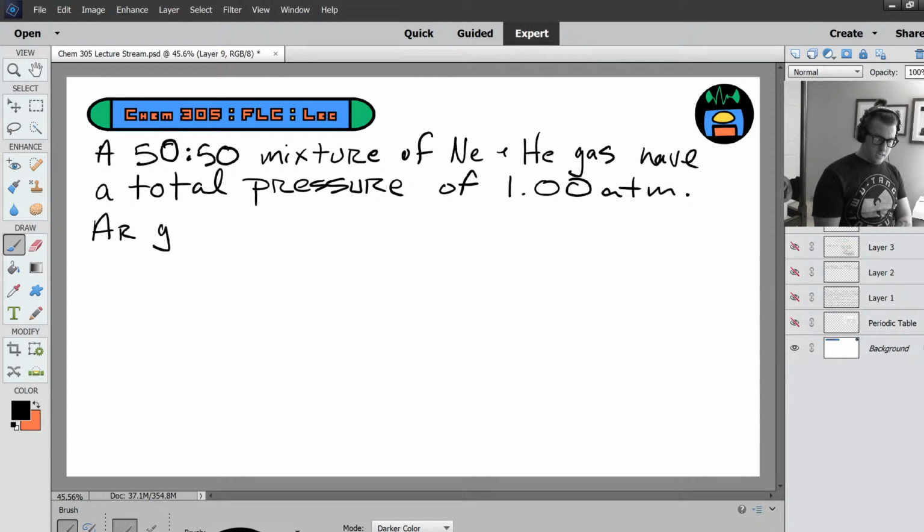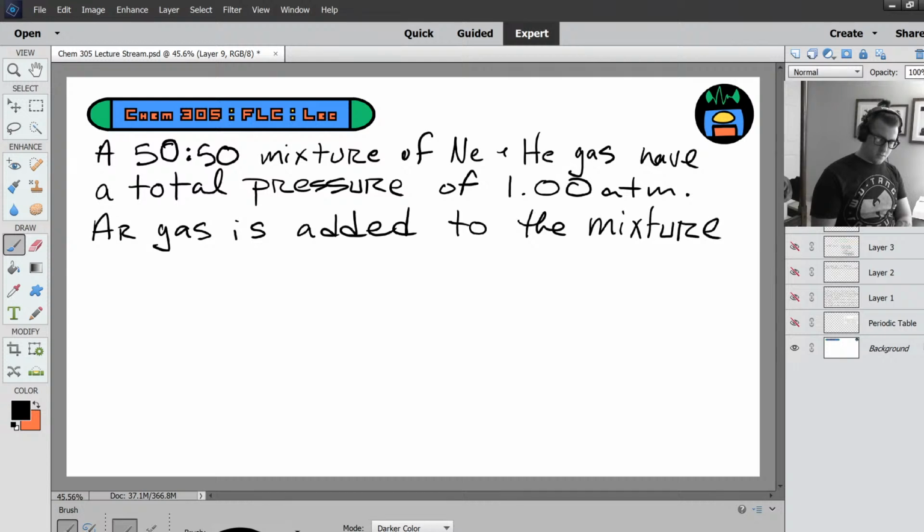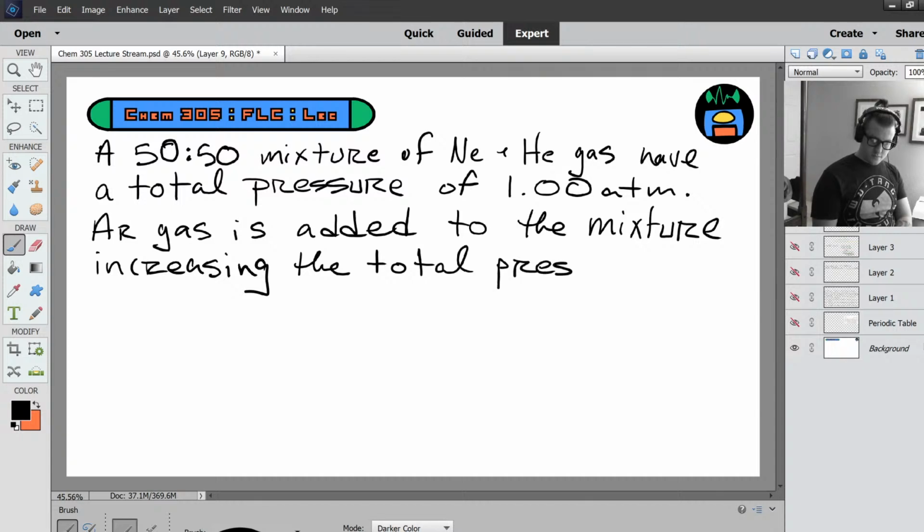Argon gas is added to the mixture, increasing total pressure to 2.00 atmospheres.